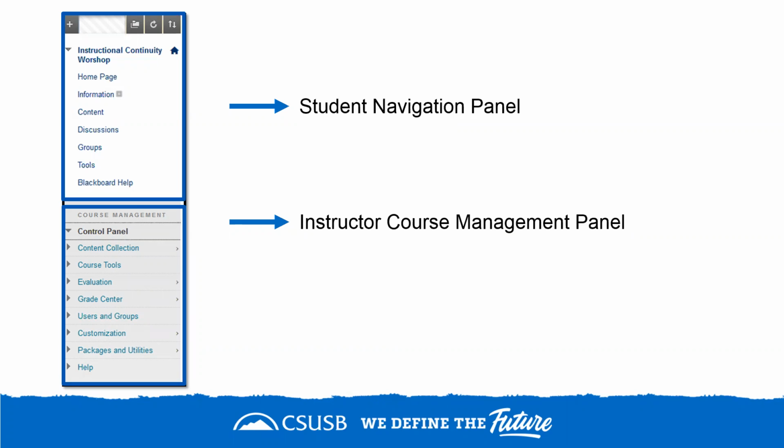The course management panel you'll be using to manage various things within the course, such as your themes, customizing things, your grade center, your users, setting up your tests, your surveys, and a whole bunch of other things that you can manage just on that bottom half of the navigation panel.